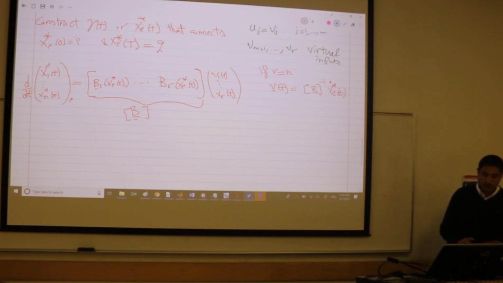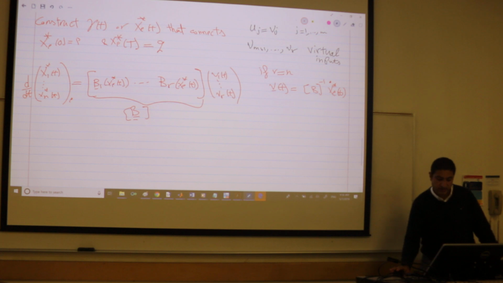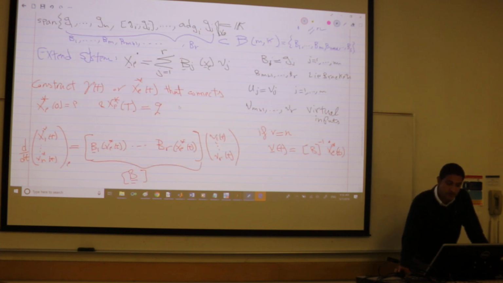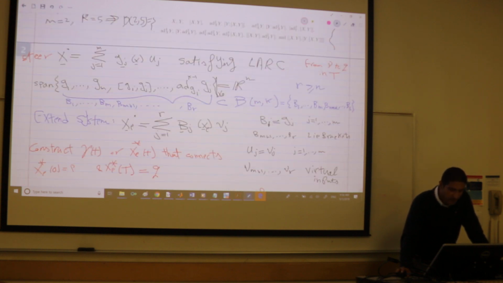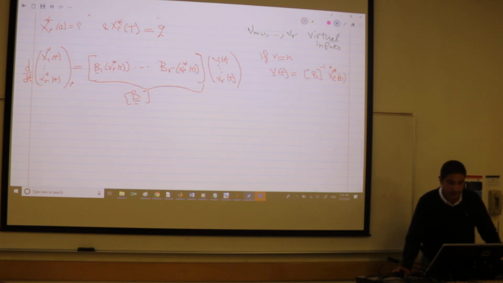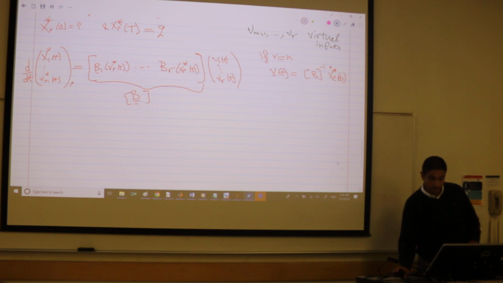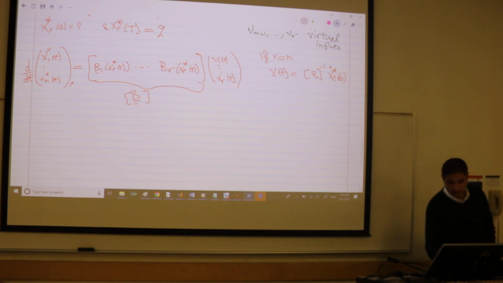Why are we sure that we can invert this, or we can solve this system? Because their span is Rn. Exactly, because they satisfy the rank condition, and by definition, B1 up to BR are spanning Rn. So I'm sure that they are linearly independent, okay? At least in the independent algebra.